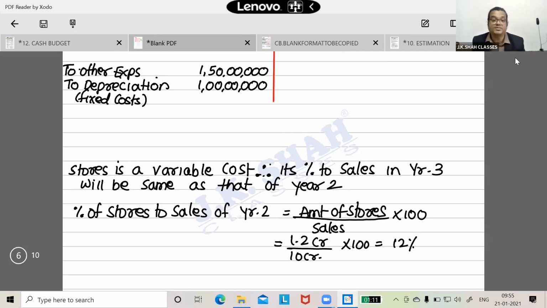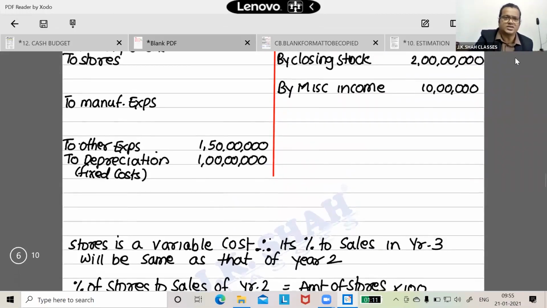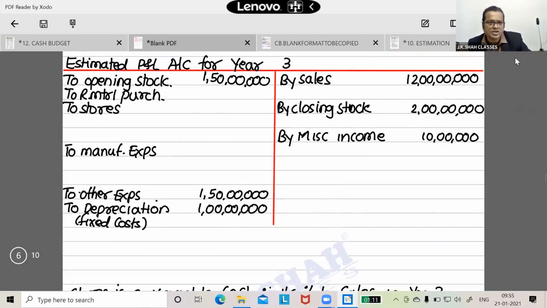Correct, people? So that means the percentage of stores to sales is 12% in the last year. So if nothing is specified in the question, then obviously this year also it will be 12% of sales. So how much is the sales? 12 crore. So 12% of 12 crore comes to 1.44 crores, so it will come to 1 crore 44 lakh. People, did you understand this way of estimating stores value?